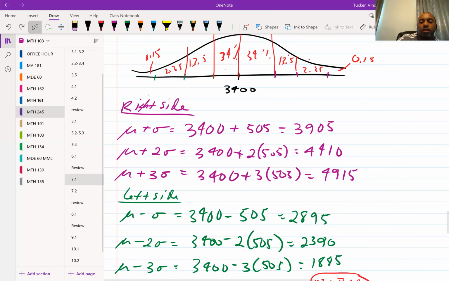It's going to show you how to use the chart. So let's say we're looking for 1.23 in the chart. When you look at it, the left column starts at negative 3.4 and goes all the way to positive 3.4.